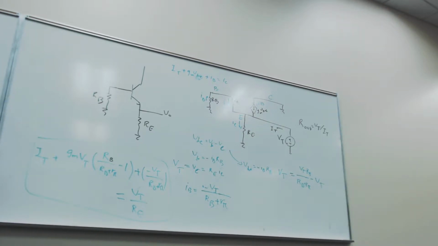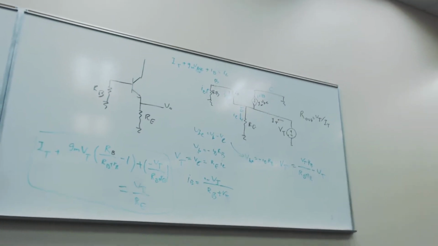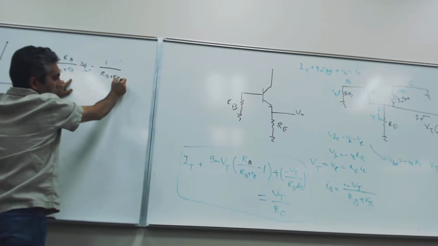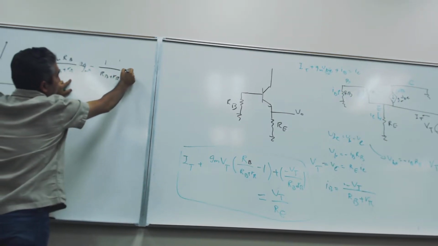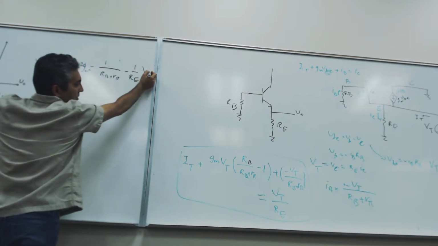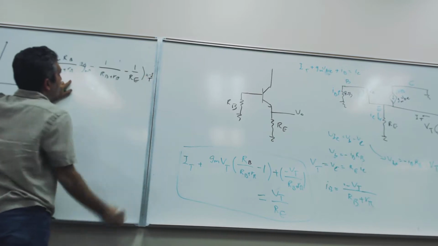That would be minus 1, right? Over RB plus R pi. Minus 1 over RE. Minus 1 over RE is equal to minus IT. Yeah.